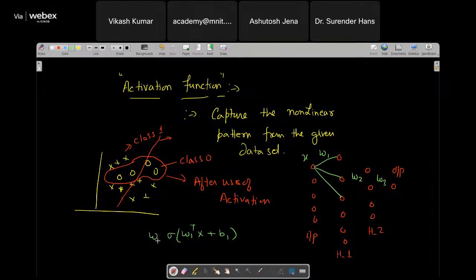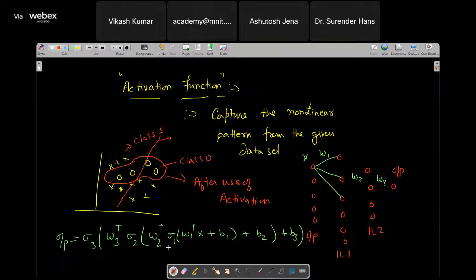Again W2 transpose plus B2, then sigma. Let's say this one is sigma 1, this one is sigma 2. Again W3 transpose plus B3, and then sigma 3. So this will be the output of this neural network.